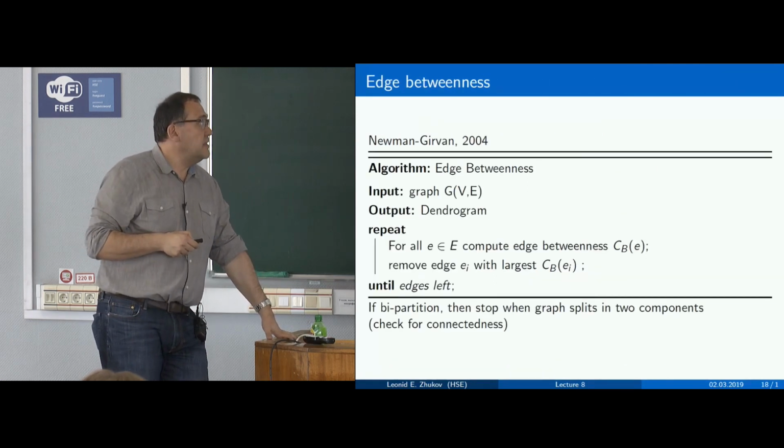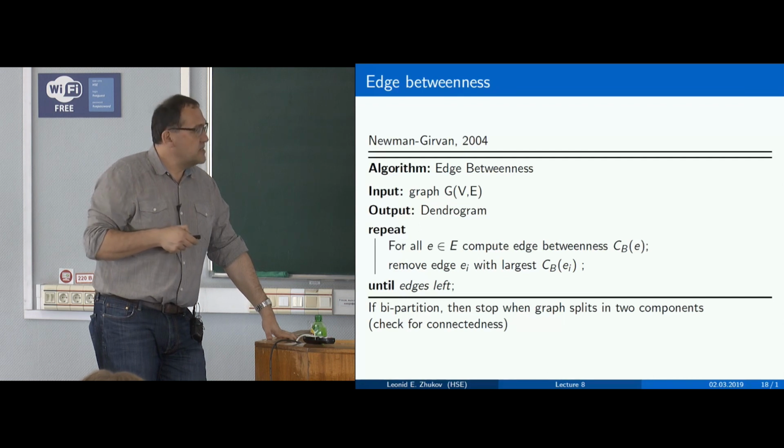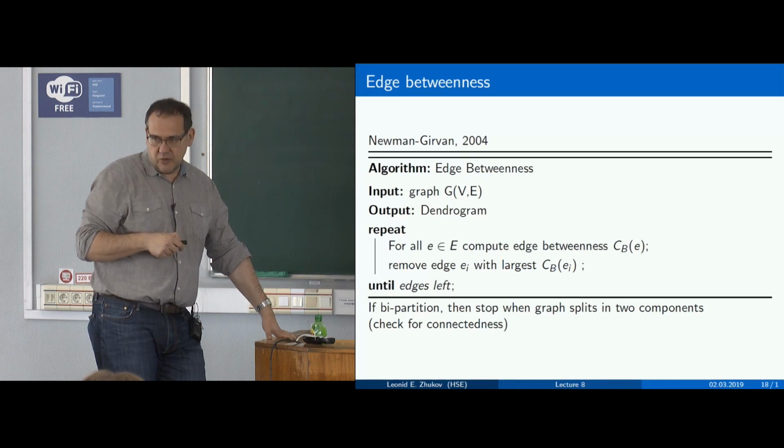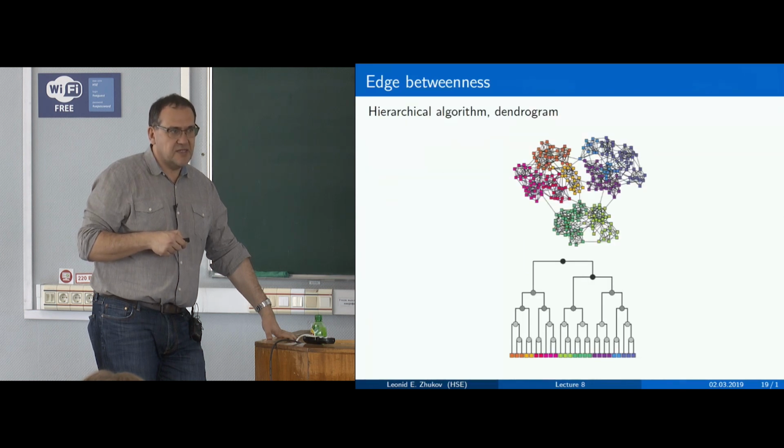Let's actually get to this point. Obviously, if you keep cutting, then it will split apart. You will get partitioning into two groups, right? If you believe that there are more communities than two, you just keep going.